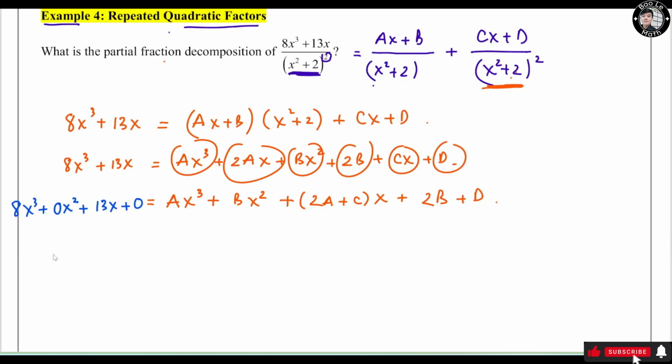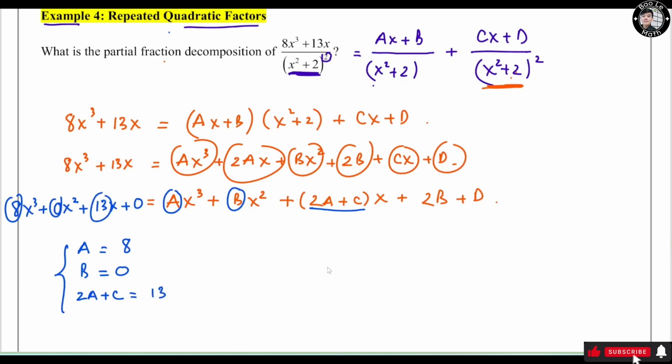So I have a system of 4 equations. The first one, the coefficient of s cubed must equal 8, so a equals 8. Second one, the coefficient of s squared, b must be 0. Third one, 2a plus c must be 13. And the last one, 2b plus d must be 0.